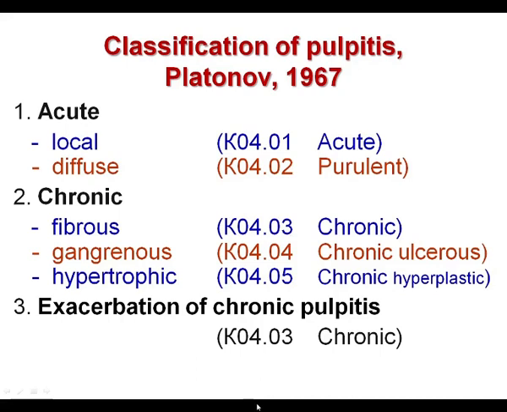And exacerbation of chronic pulpitis matches the same code as chronic, because the most often form which may be in exacerbation is fibrous, so the same code.